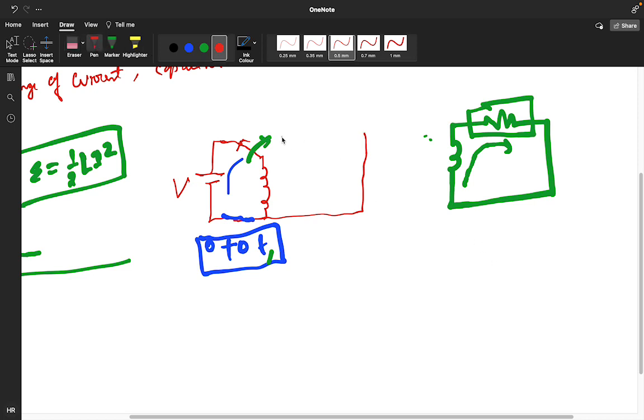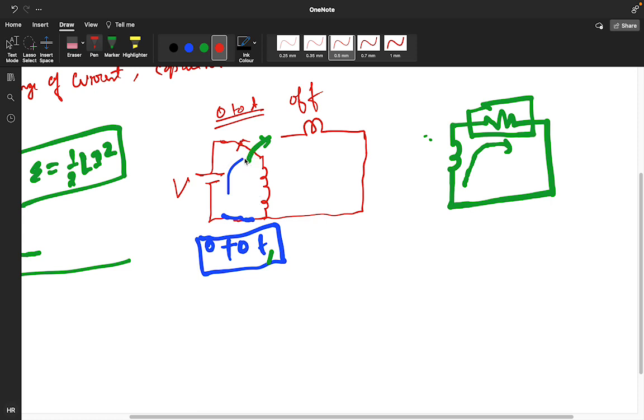Initially my bulb was off from 0 to t second.